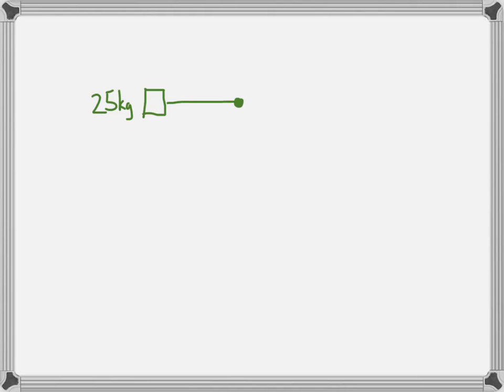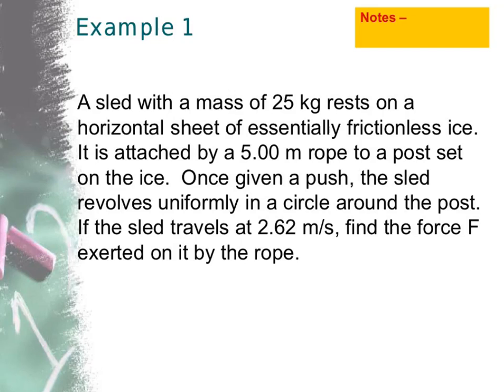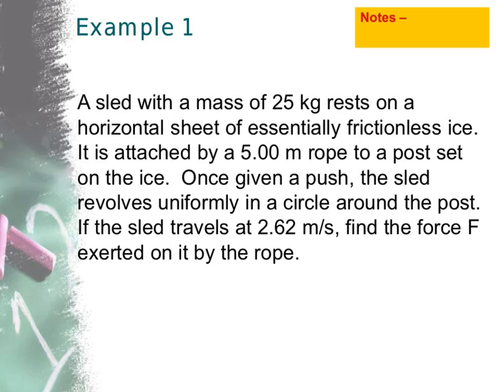Let's see, I've already forgotten what it is. I'll have to go back here. It's attached by a 5-meter rope to a post set on the ice. Sorry about that. There we go. And then it says it revolves uniformly in a circle at 2.62 meters per second.